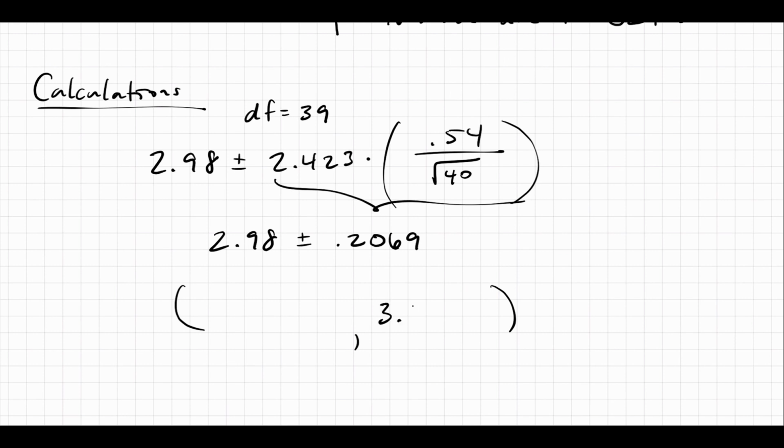When I add them, I get 3.187. And when I subtract them, I get 2.773.